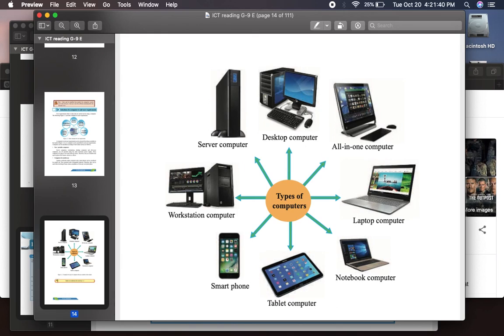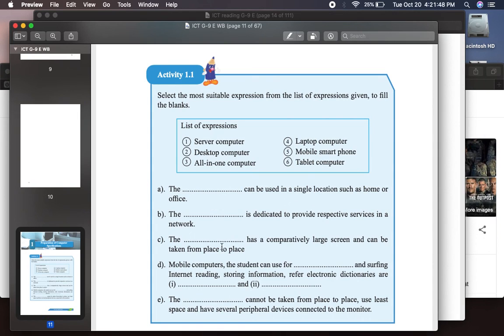A notebook computer compared to a laptop computer is smaller, so I believe they are talking about a laptop computer here. So the answer to C is the laptop computer has a comparatively large screen and can be taken from place to place.